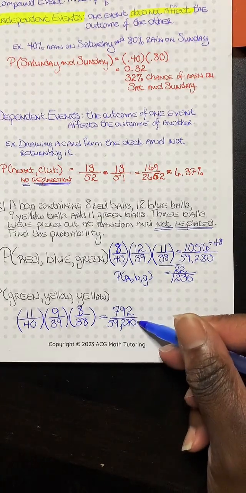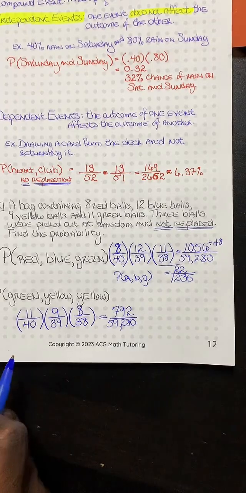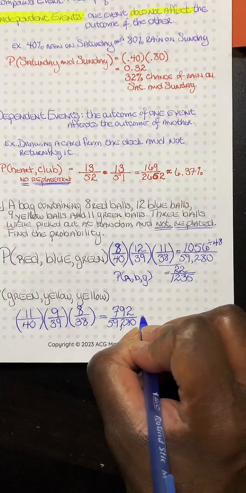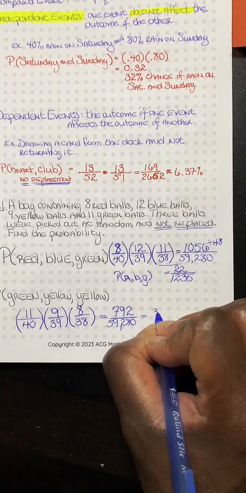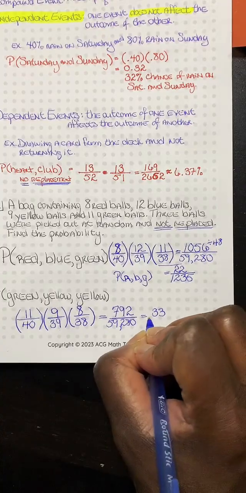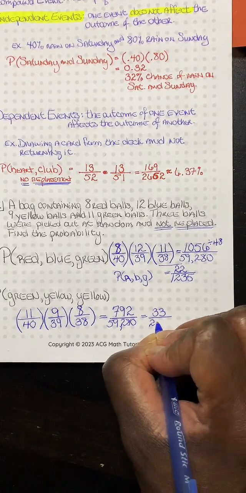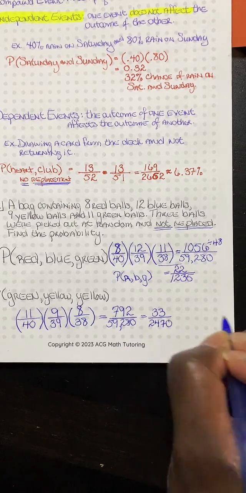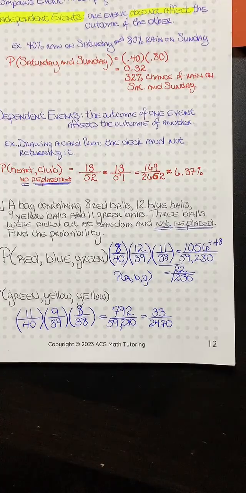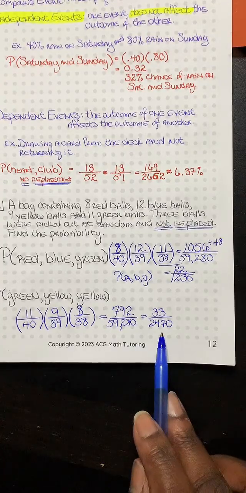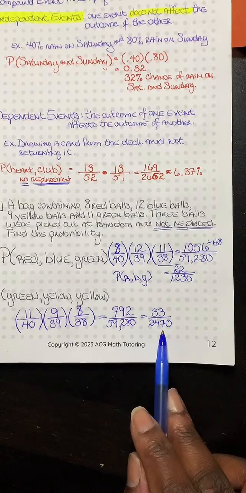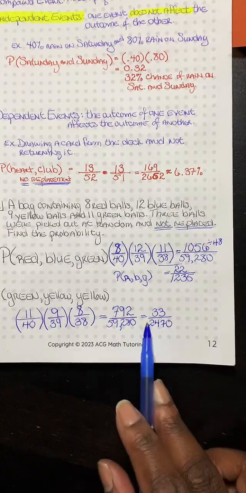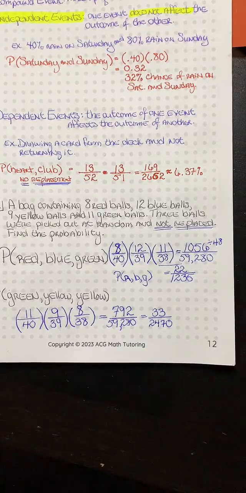Both of them are ending in even numbers, so there is a possibility. And yes, we can. So we have 33 out of 2,470. Okay, we can do it as a decimal, but if we do it as a decimal, we're going to be doing some rounding, so we're not going to give its true value. So we want to keep things as fractions as much as possible.